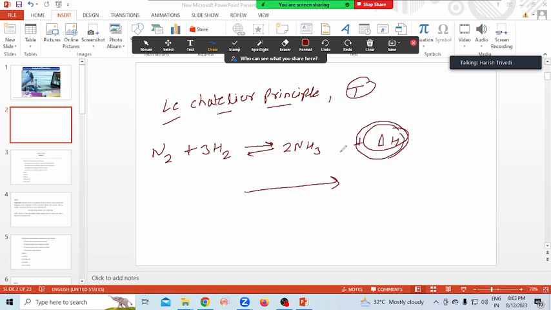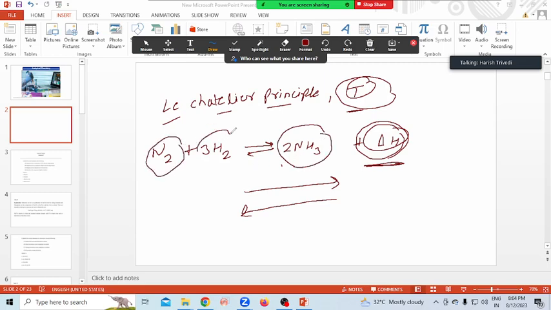When I increase temperature, the reaction will try to cancel this effect. How can this effect be cancelled? If the reaction moves toward the opposite side. Because if the reaction progresses in the forward side, it will increase temperature, but I have already increased the temperature of the reaction setup, so the backward reaction will proceed. The concentration of ammonia will decrease, but the concentration of nitrogen and hydrogen will increase.